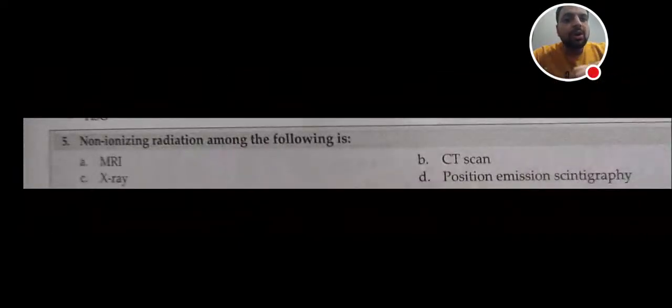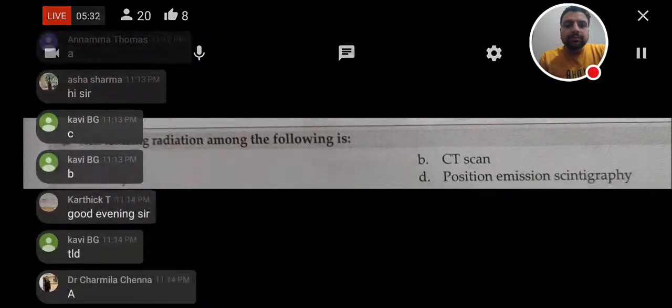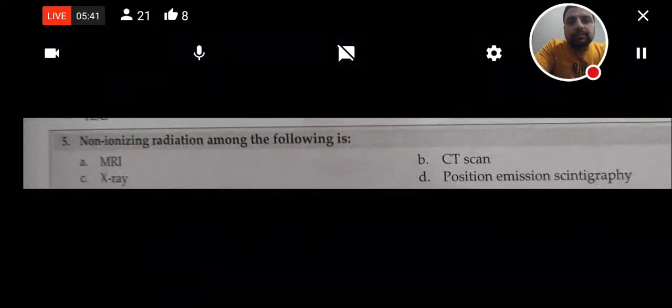Now, non-ionizing radiation among the following is MRI, CT scan, X-rays, positron emission scintigraphy. So which one is the best answer here? The answer is A, MRI.